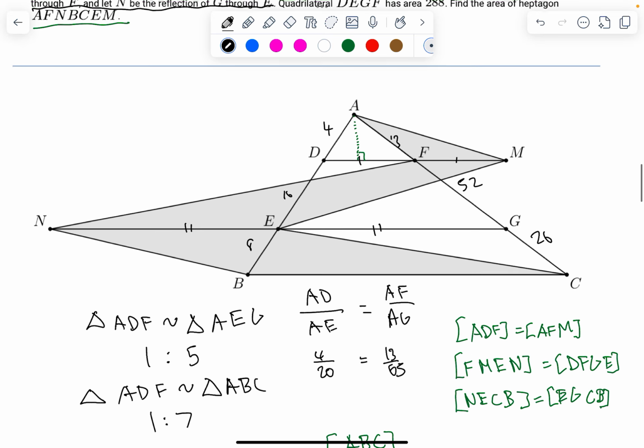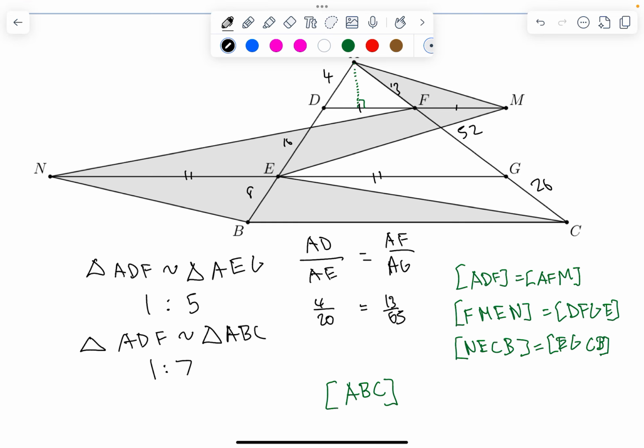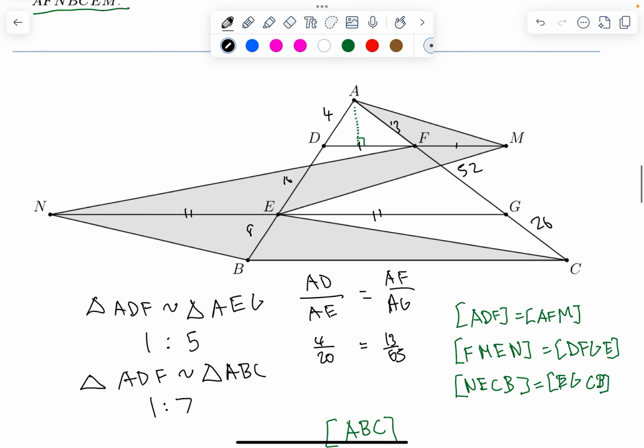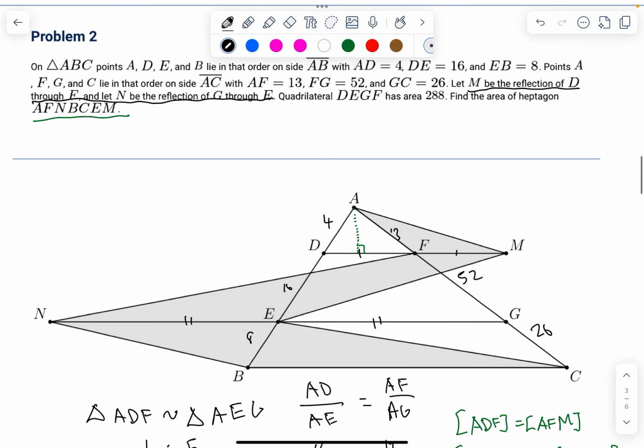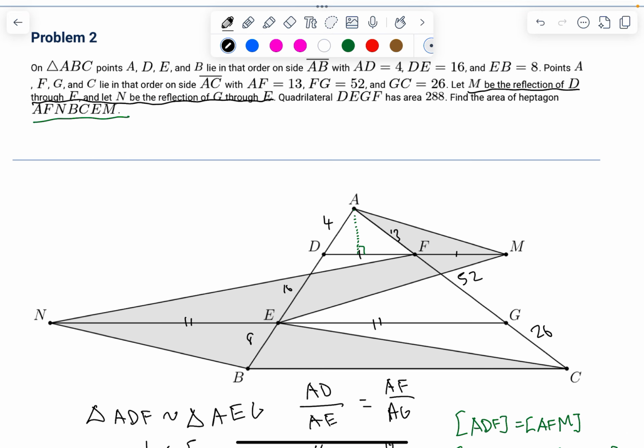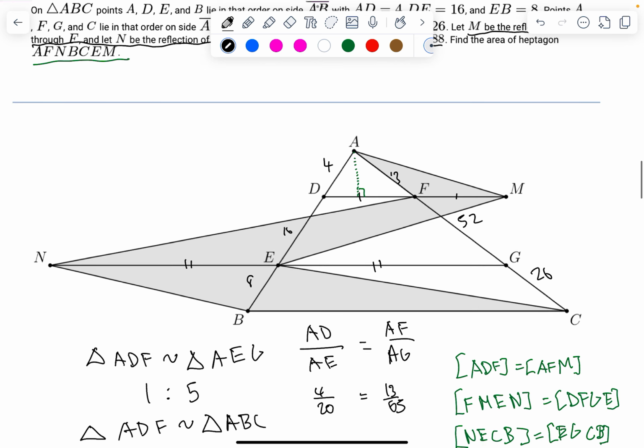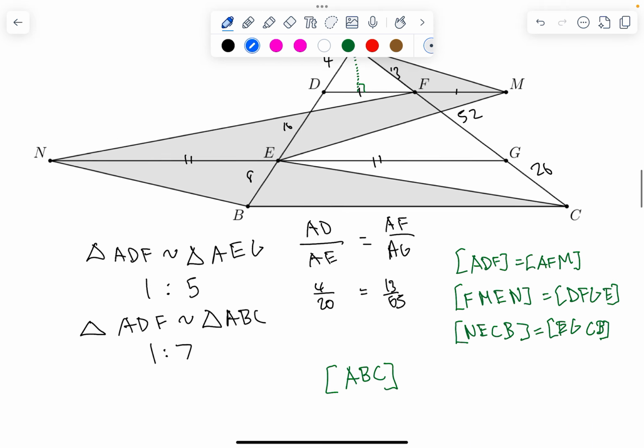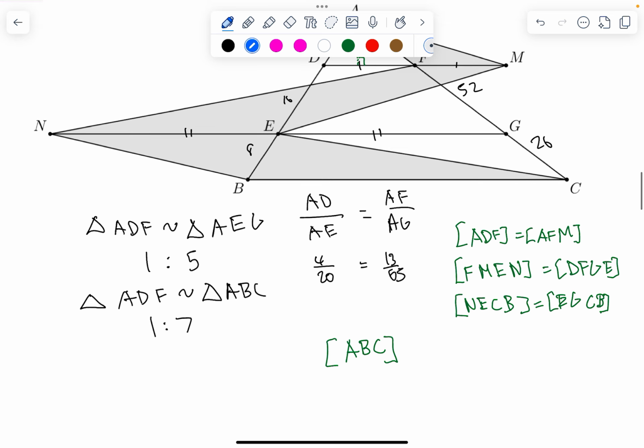Okay, so now we just have to evaluate the area of triangle ABC. How can we do this? Well, we know that quadrilateral DEGF has area 288. So we're going to use that. In terms of area, the ratio of AEG to ADF is 25 to 1.